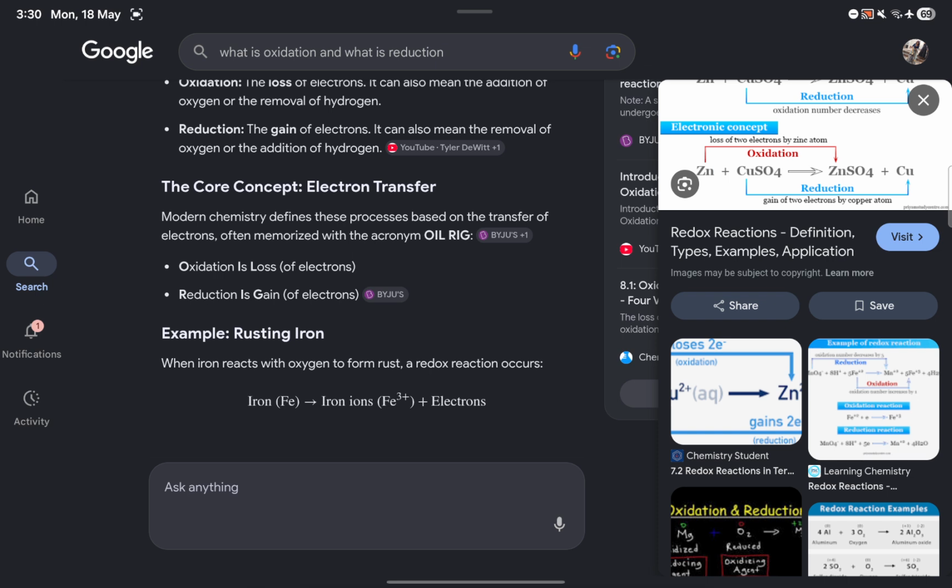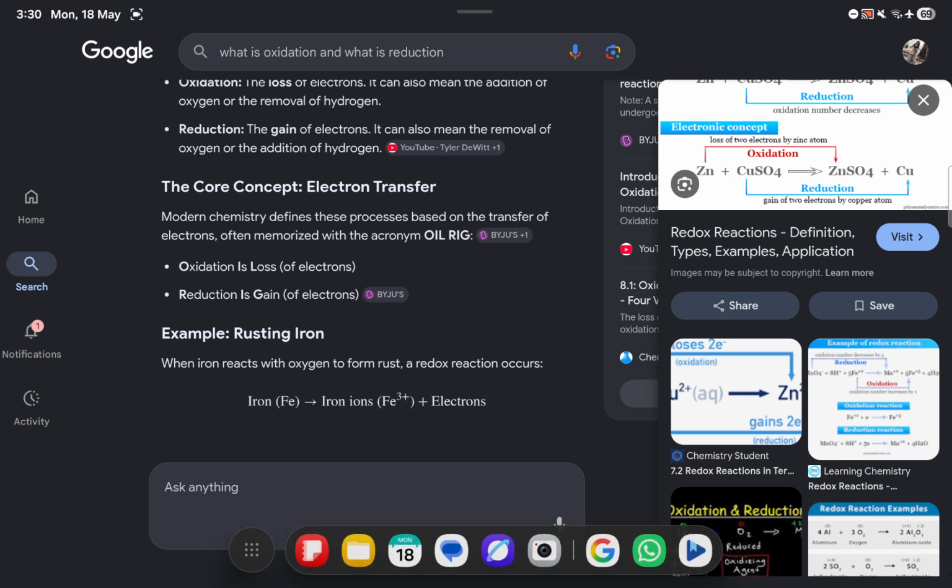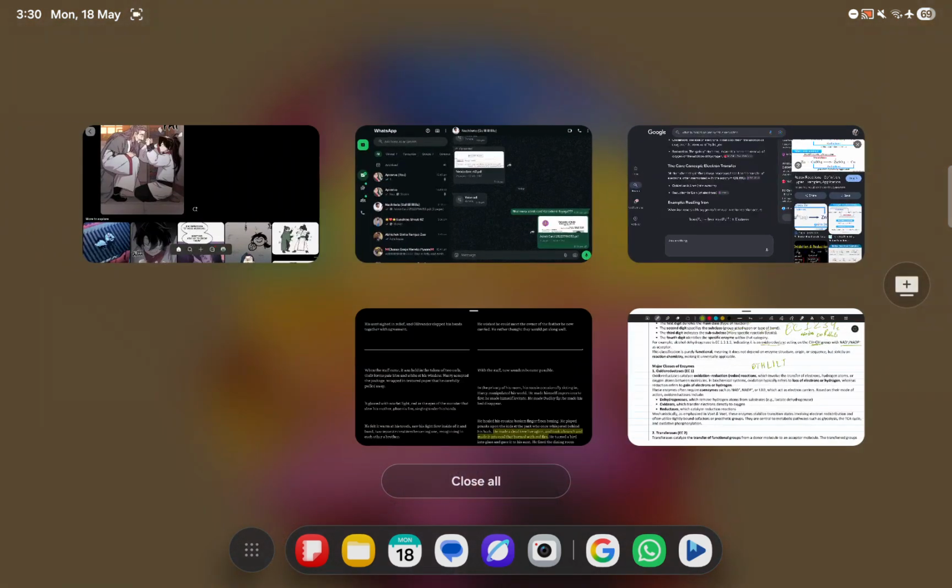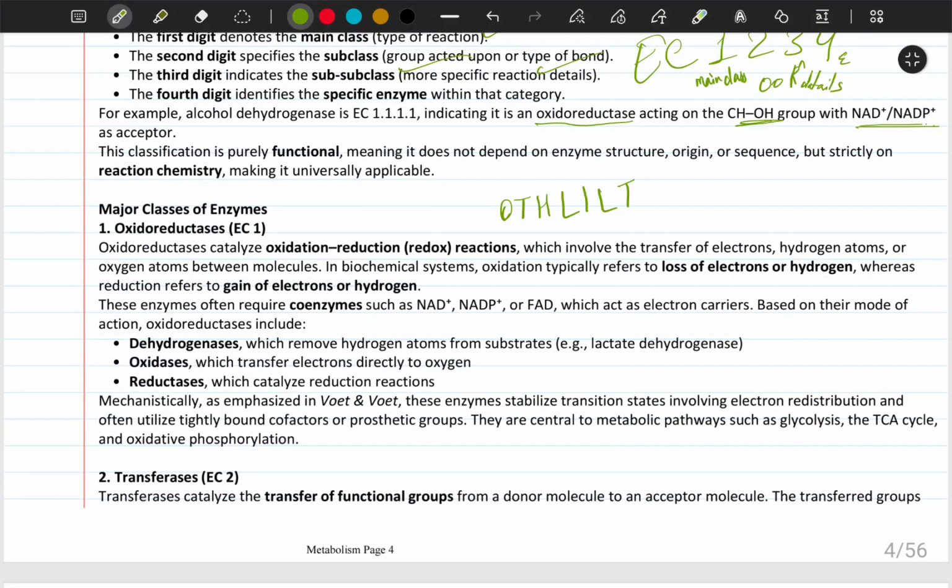Oxidation is loss, reduction is gain of electrons. Anyways, let's move on. Oxidation is loss of electrons, reduction is gain of electrons. I am not going for hydrogen, it is making me confused.